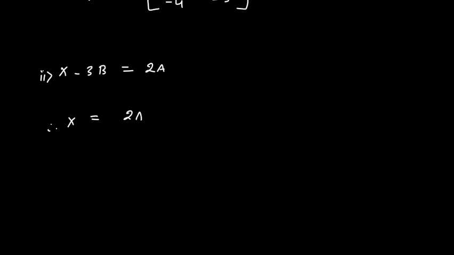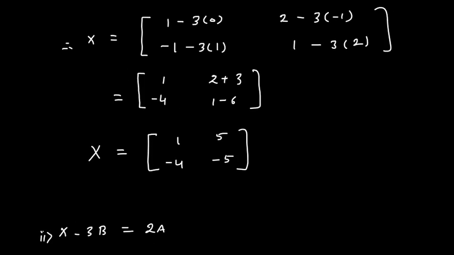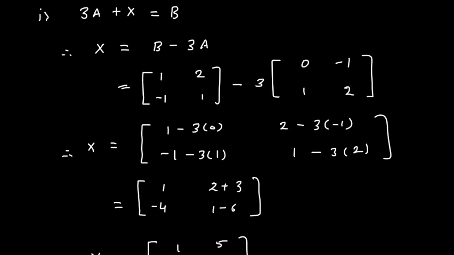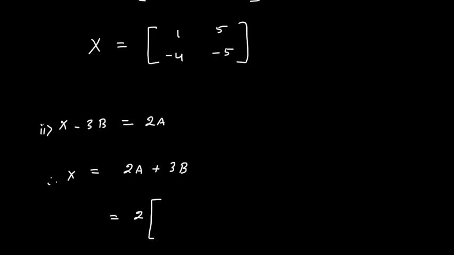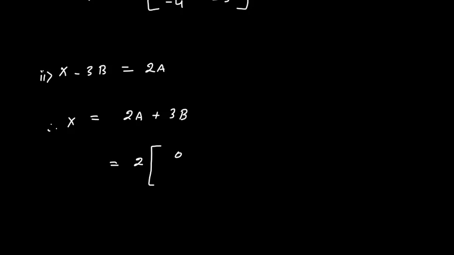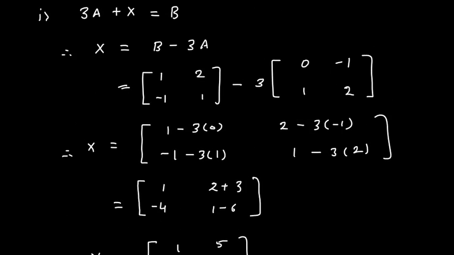X is equal to 2A plus 3B. So it is equal to 2 into the value of matrix A, which is 0 minus 1 1 2, plus 3 times B, and the value of B is 1 2 minus 1 1.